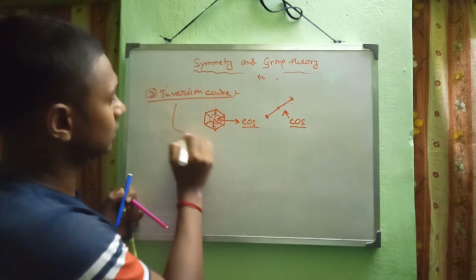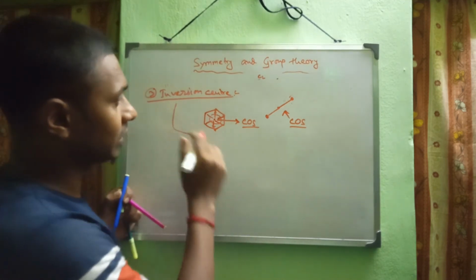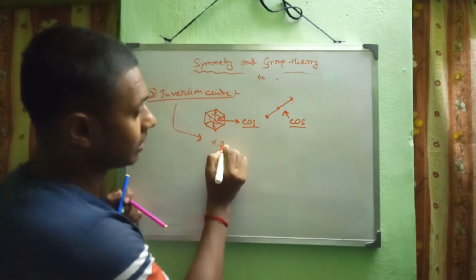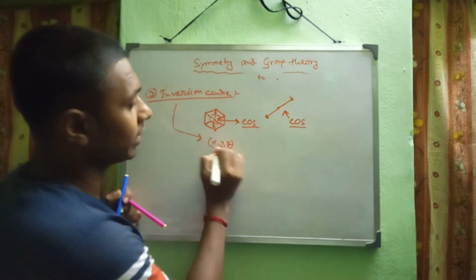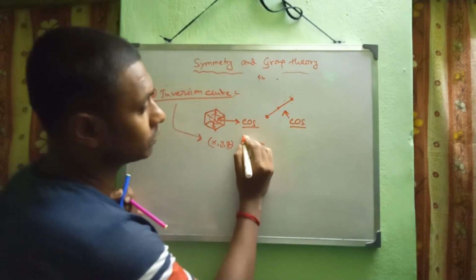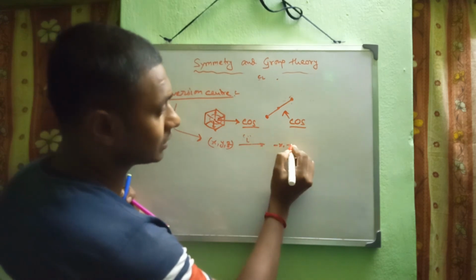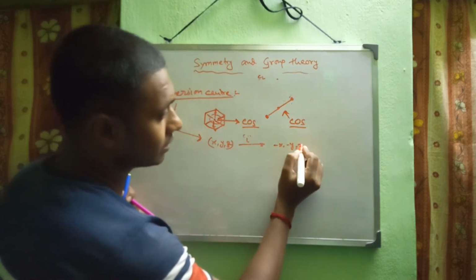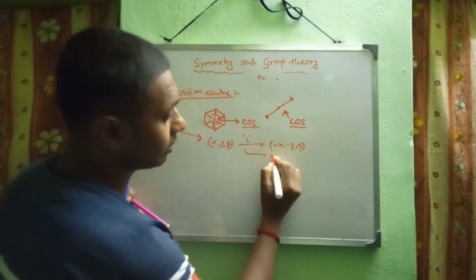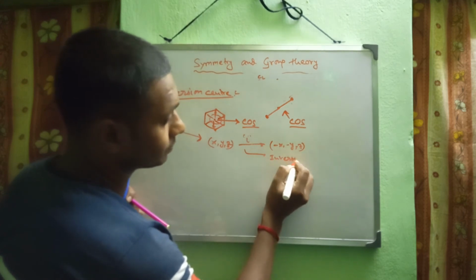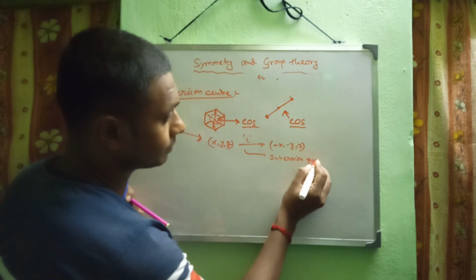Generally, upon operation of the inversion on any Cartesian point having coordinates x, y, z, upon inversion operation we get minus x, minus y, minus z. That's why it is called the inversion point.